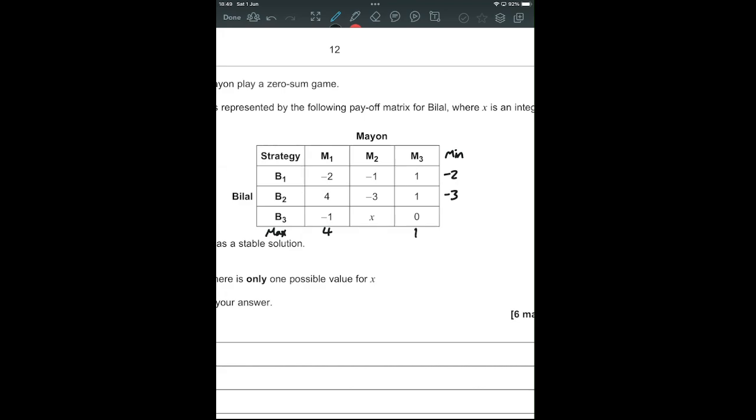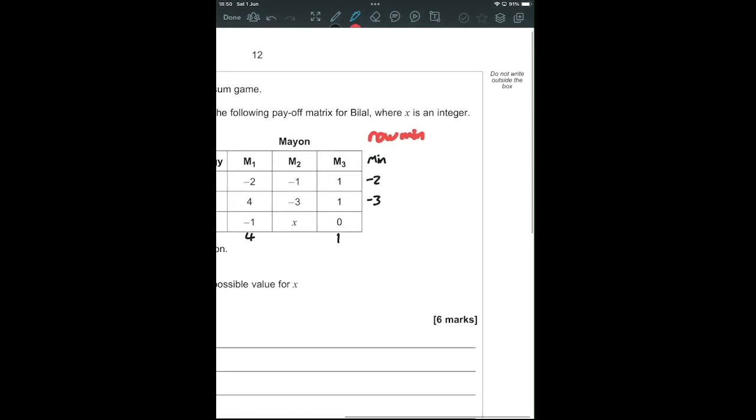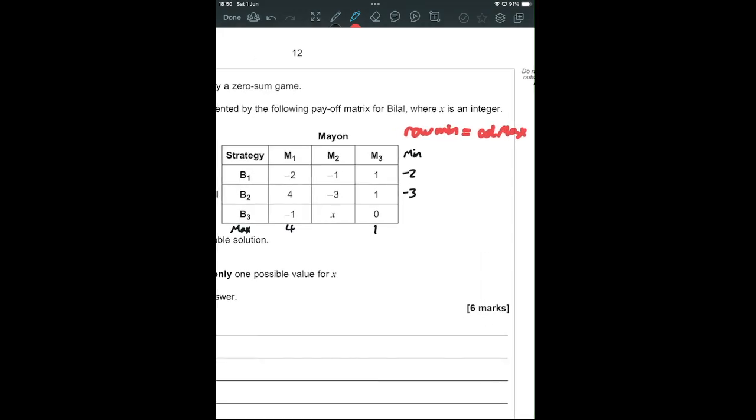Well, to make a stable solution, our maximum minimum, so what's that, our row min, has to equal our column max. So the maximum value has to match the minimum.